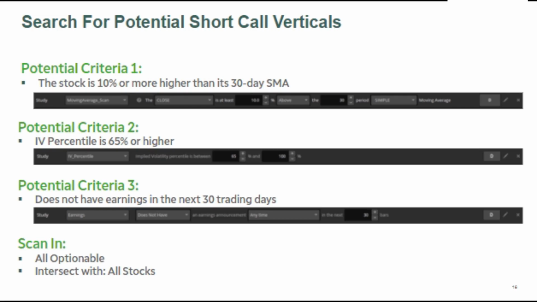No one has any clue what's going to happen on earnings. So to increase our probability, we want to search for stocks that don't have an earnings announcement within the time frame that we are scanning. We want to scan in all optionable and intersect with stocks.